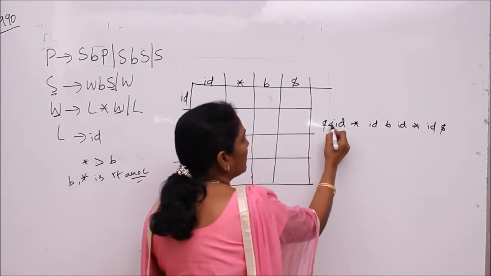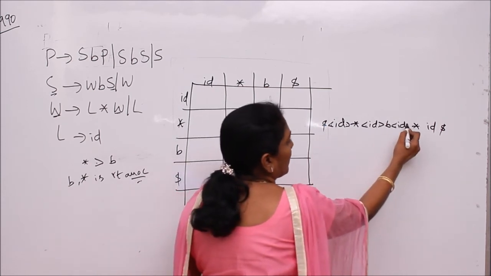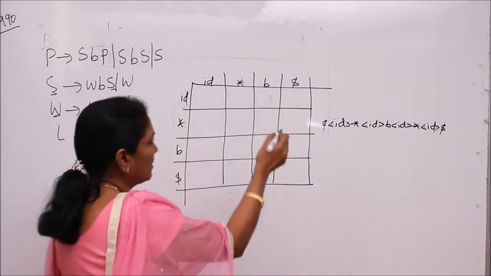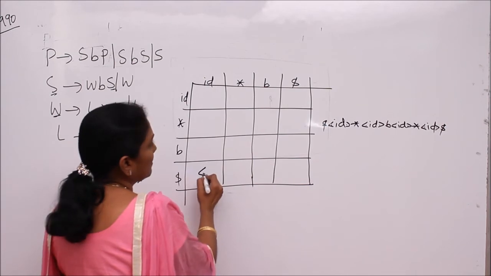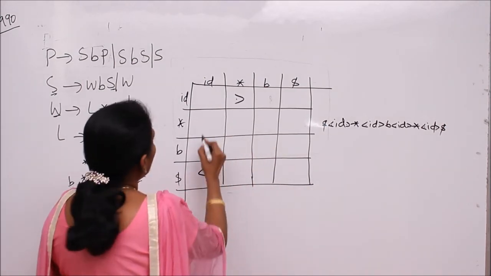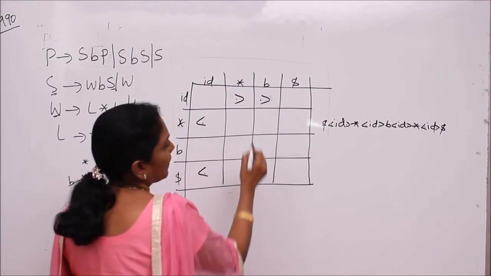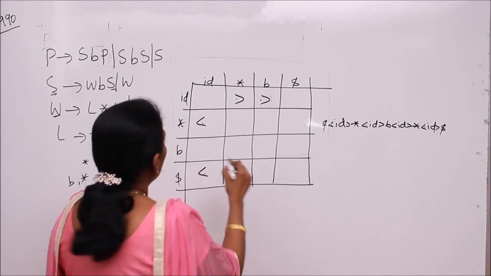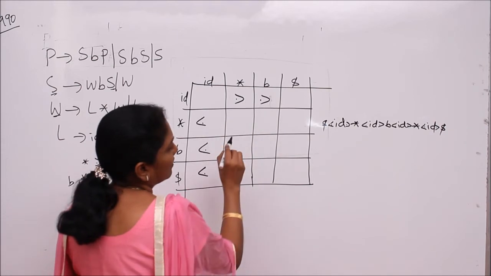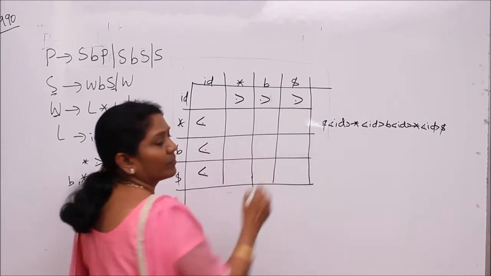Insert every id between less precedence and greater precedence. This will ensure that all the ids are reduced first. Insert the relations. Dollar on id less, id on star greater, star on id less, id on blank greater, blank on id less, id on star greater, star on id already defined, and id on dollar greater.